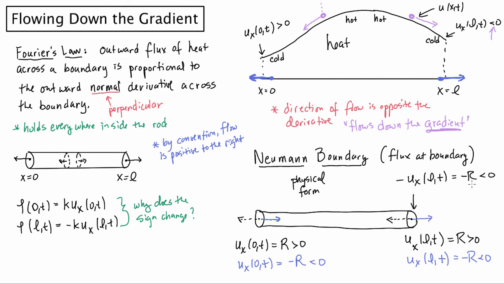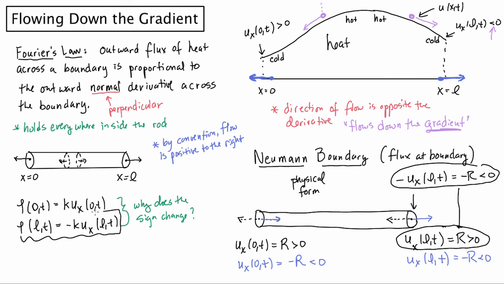But the idea here is it's negative on both sides, so writing it this way is the exact same as writing it this way, mathematically, because you just multiply both sides by a negative. So if you ever see minus u_x equals a negative value, then understand that all people are trying to do there, with the negative value on both sides, is indicate that the flow is to the left.